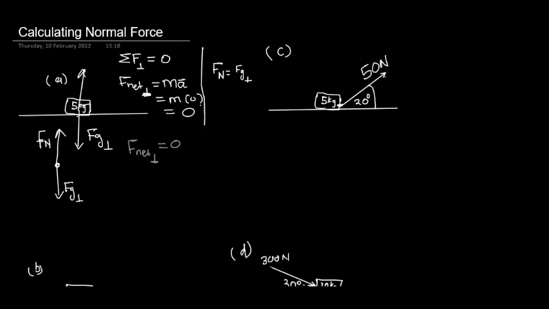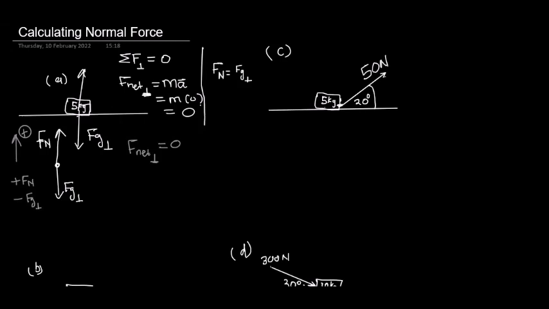Now I'm going to choose a direction, so I choose up as positive. This means my normal force is positive, and my gravitational force is negative.